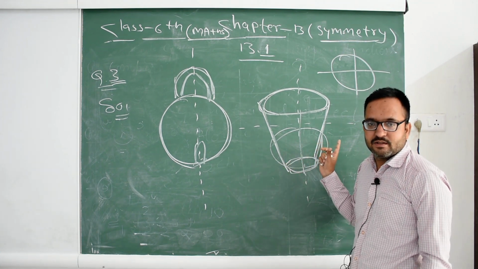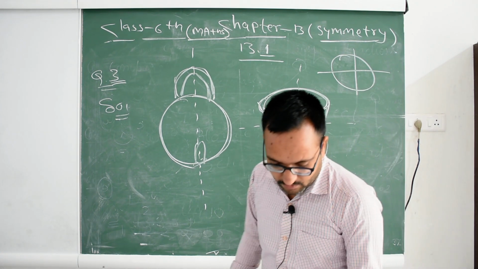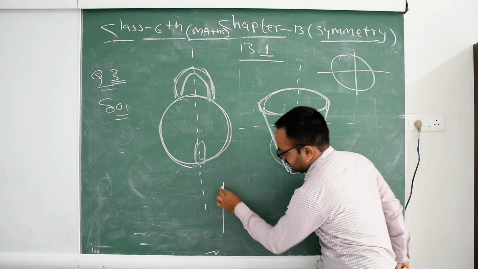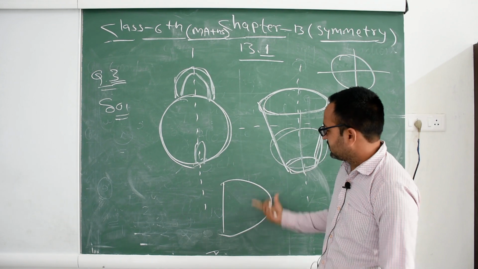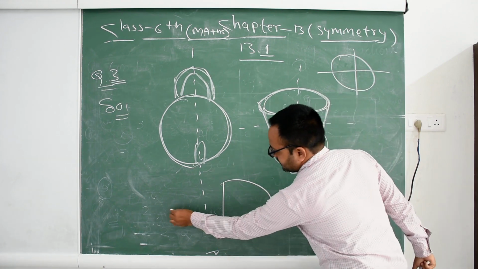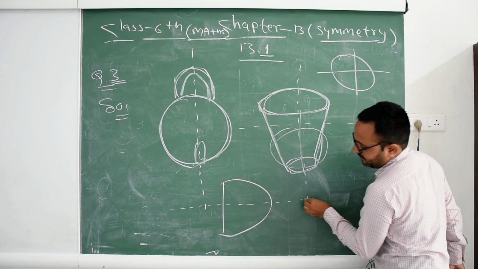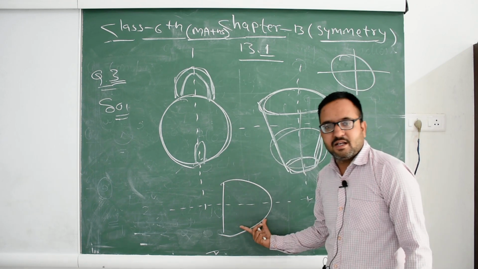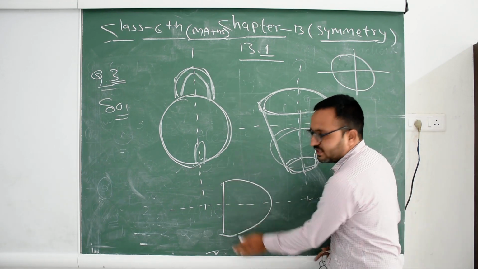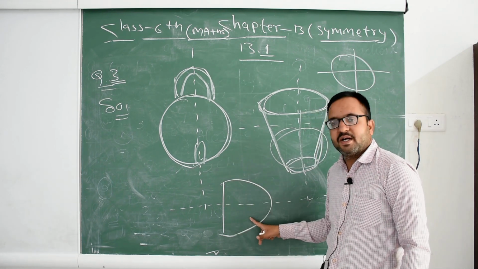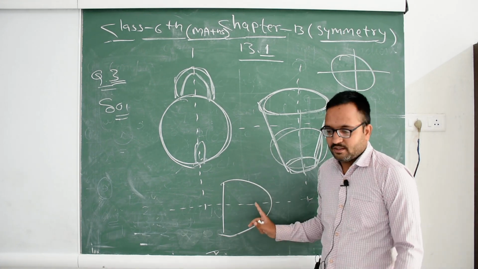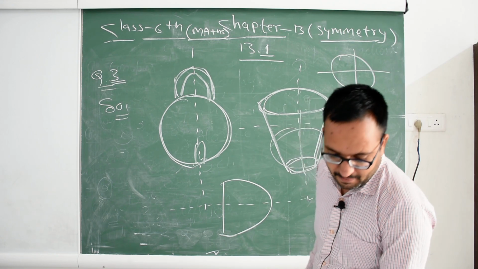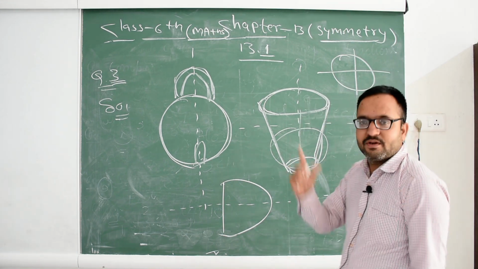Now, a shape like D: is this symmetrical or not? For this we draw a horizontal line, and this part and this part are symmetrical in size. The remaining is for your homework.